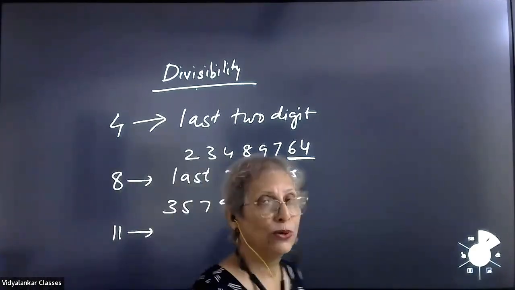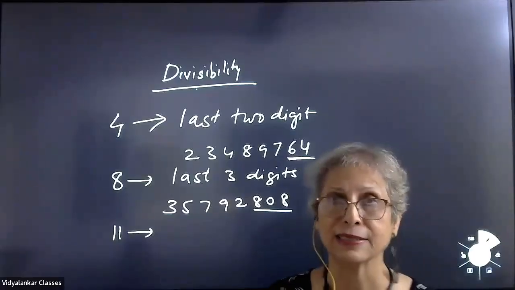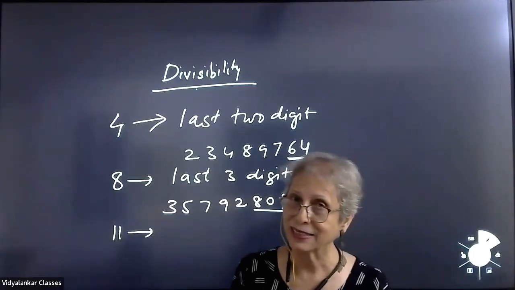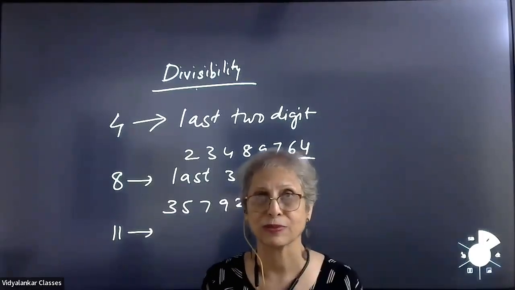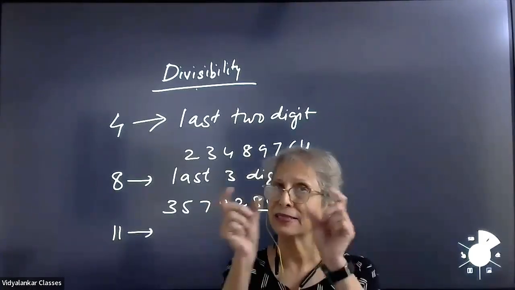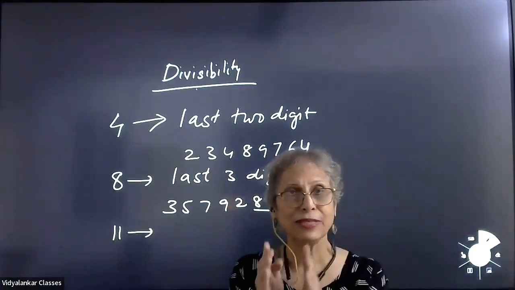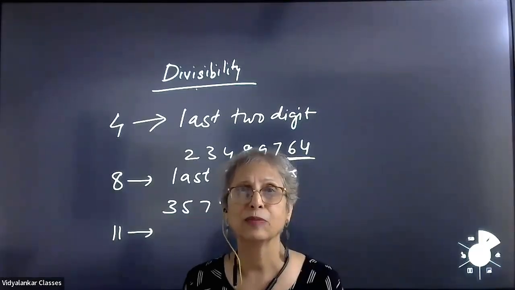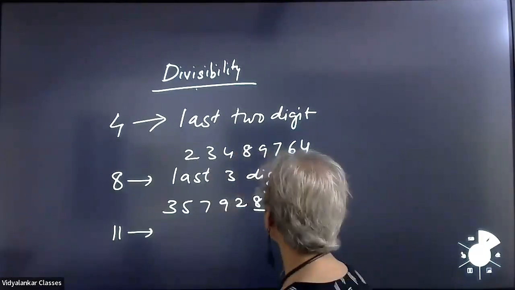In this test, you have to consider alternate digits. Find the sum of alternate digits and then find the difference of those two sums. Alternate digits means you will get two sums. Find the difference of those two sums. If that difference is either 0 or a multiple of 11, then the number is divisible by 11. Very simple.